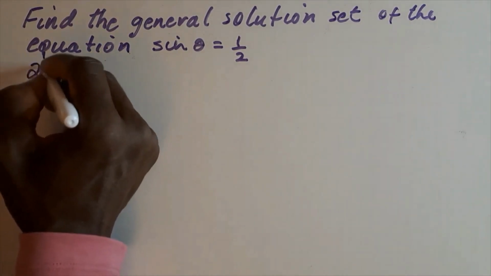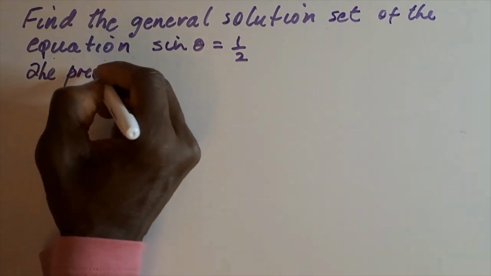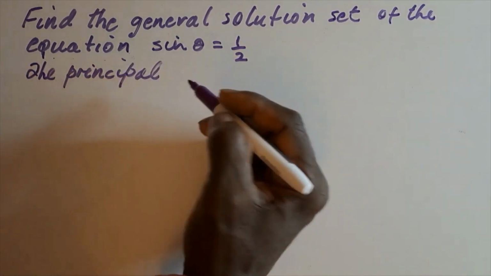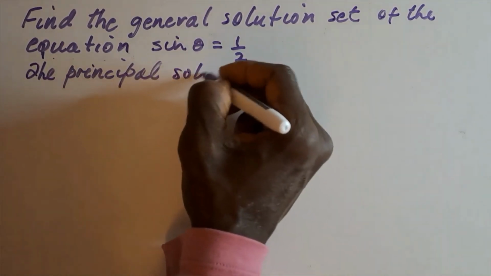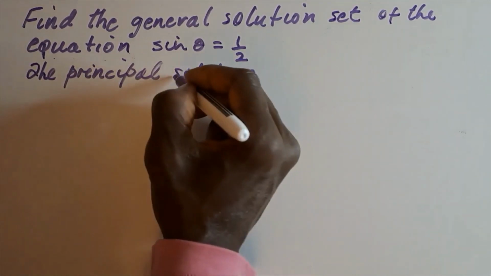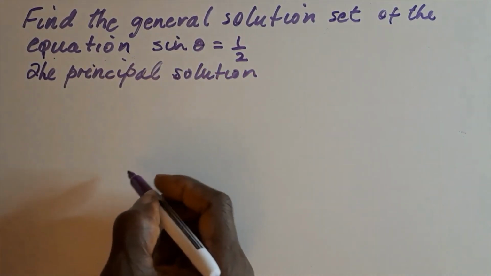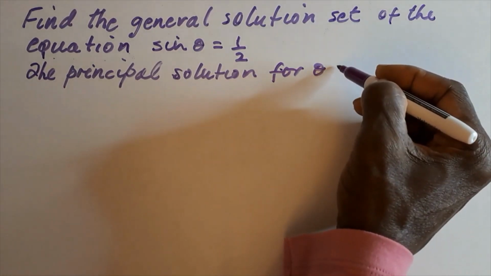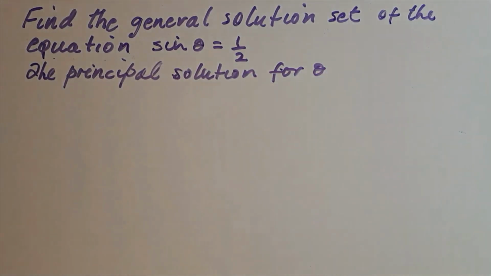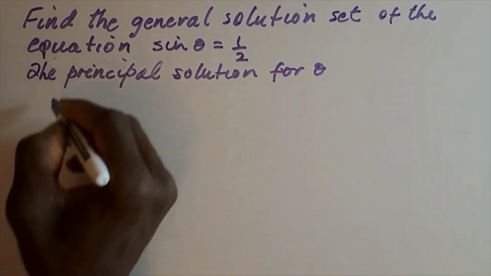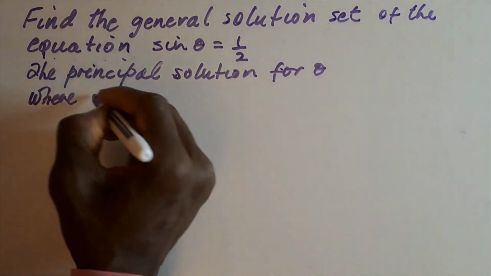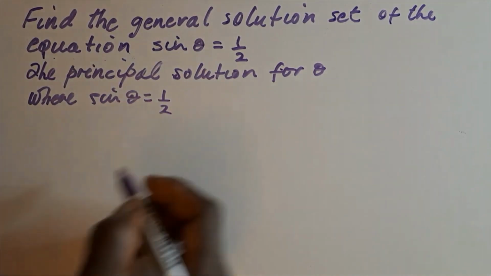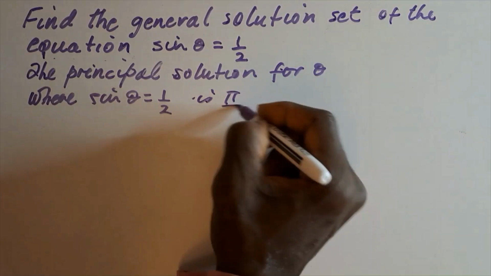So the principal value or principal solution, let's use the word solution because we're using that analysis, for theta where we have sine theta is equal to 1/2 is pi over 6.